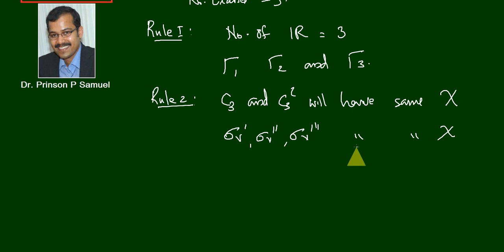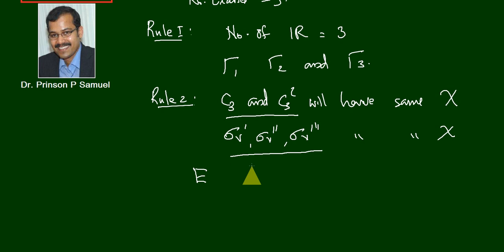So in the character table, we need to list C3 and C3 square together because they will have the same character, and we will list sigma v dash, sigma v double dash, and sigma v triple dash together because they also have the same character. In the character table, we will put E, then we will not list C3 and C3 square separately, because they have the same character.